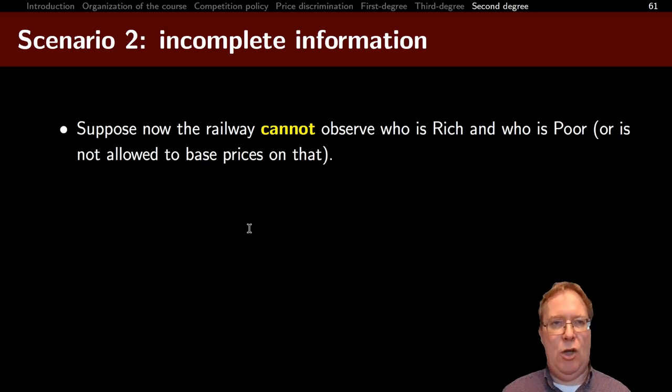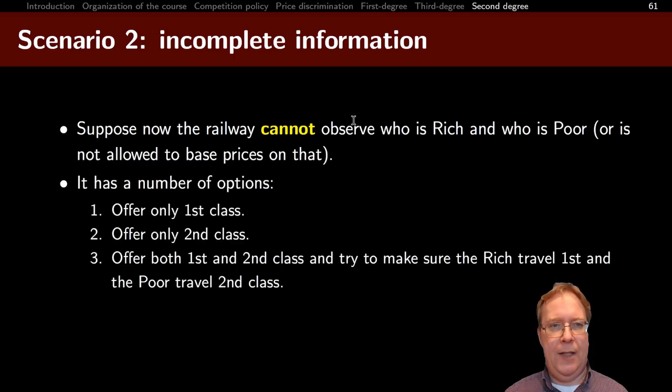Okay, let's go for the more interesting scenario. Suppose that the railroad cannot observe who is rich and who is poor, or it is simply not allowed to charge people different prices based on that information. Now we have to be a bit more precise. So it has a number of options.